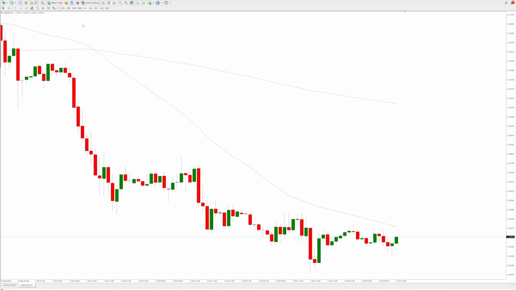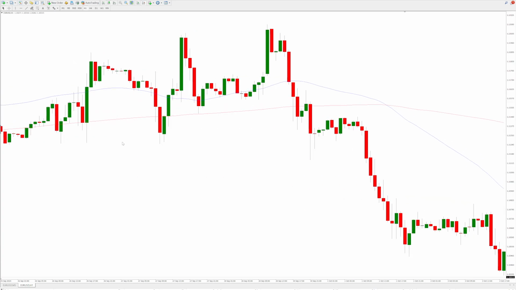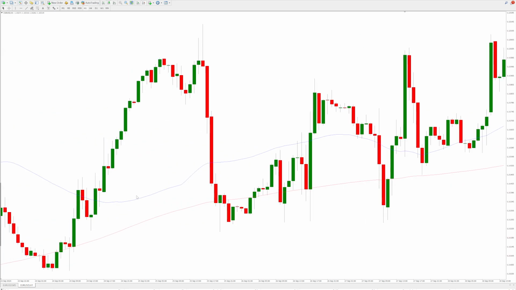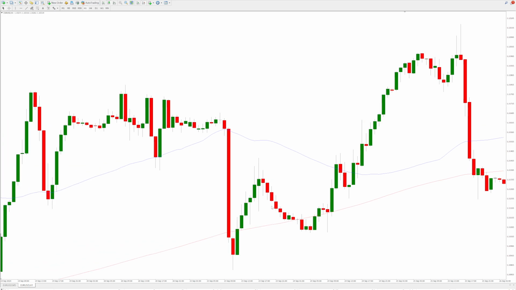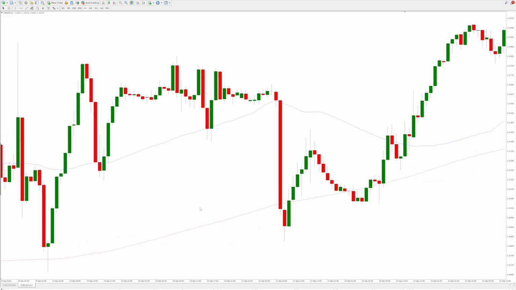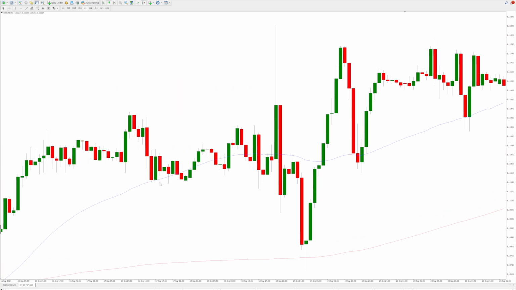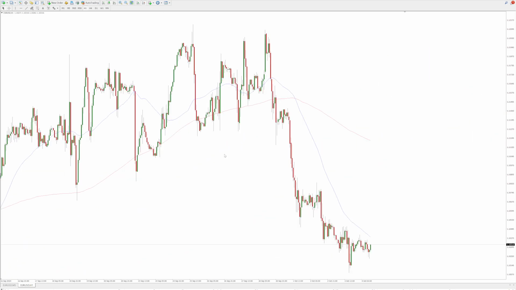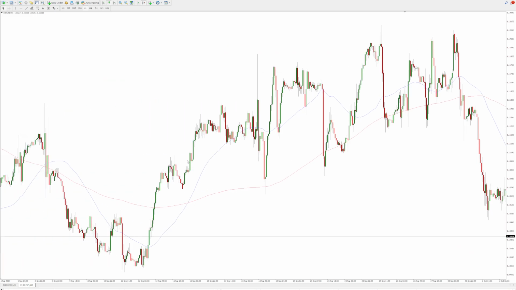Okay, so you can see the moving averages there, and what we're looking for is for the shorter term moving average, in this case the 50 moving average, to cross above the longer term moving average, which is the 200. So basically the 50 MA crossing the 200 MA in an upwards direction will signal the golden cross. And let's just have a look for when that happened on this euro dollar 1 hour chart.